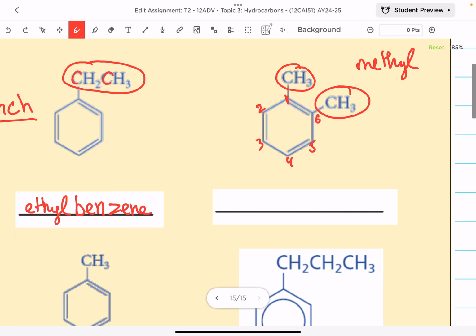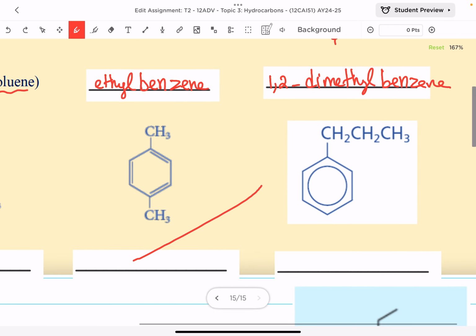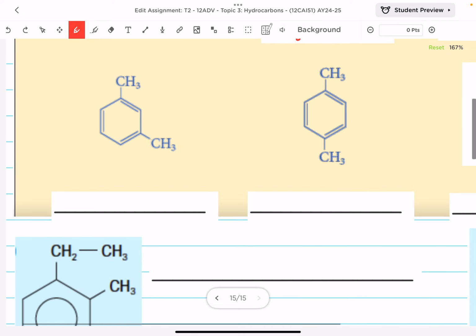This is wrong because it's giving the second branch a large number. So we can follow this direction of numbering, 1, 2, 3, 4, 5, 6. And that is 1, 2, di, because I have 2 same branches, methyl benzene.